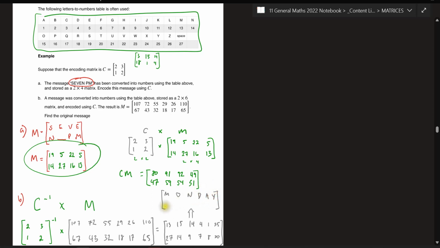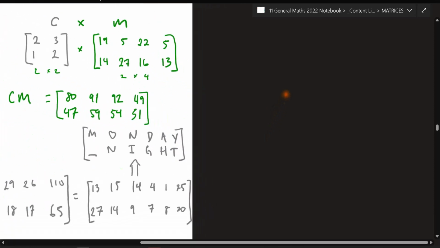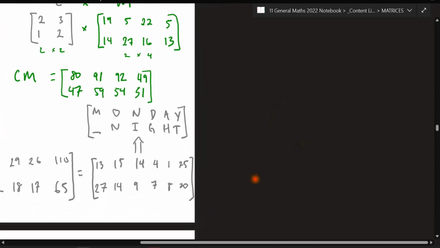Number 27 is a space, the number 14 is always an N, the number 9 is I, the number 7 is G, the number 8 is H, and the number 20 is T. So the message, according to this, is Monday night.